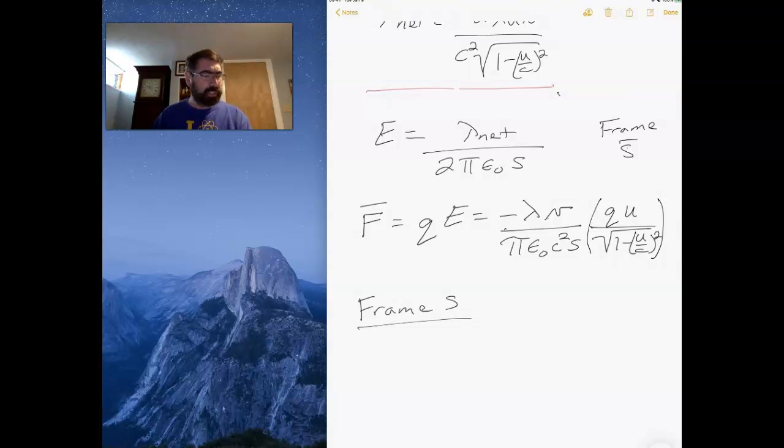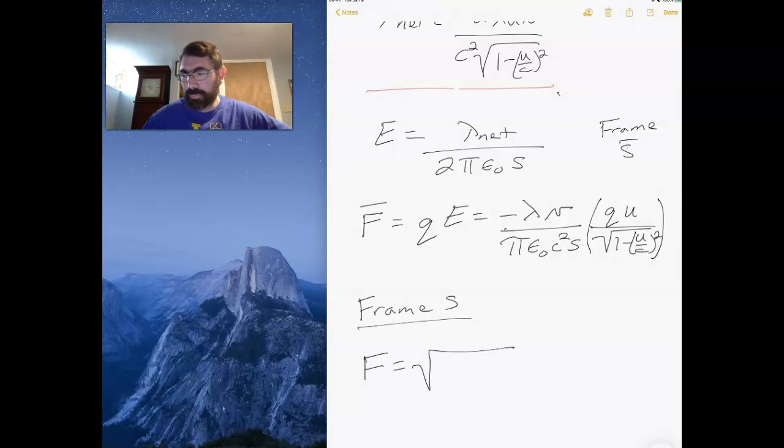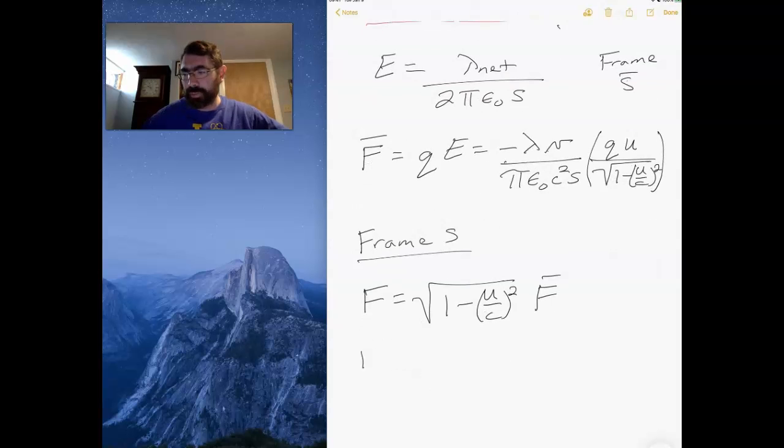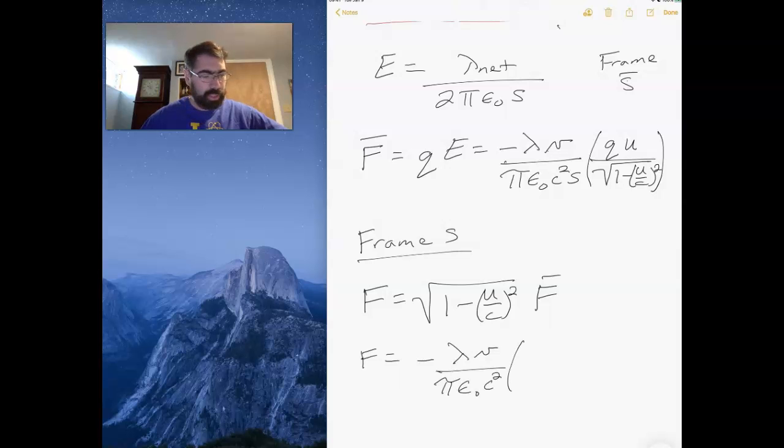Well, we can do a Lorentz transformation, and this force F would be 1 over gamma, so 1 minus u over c quantity squared, times F bar, which would then give you minus lambda v over pi epsilon naught c squared, times q u over the distance s.